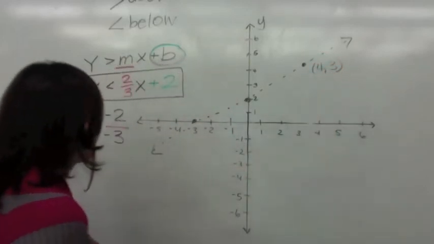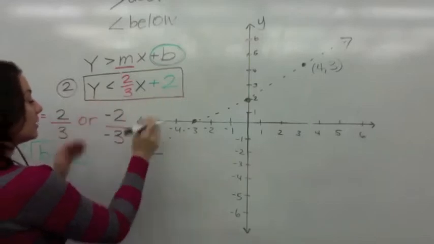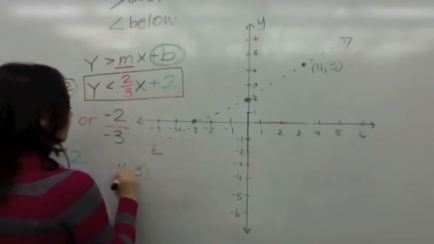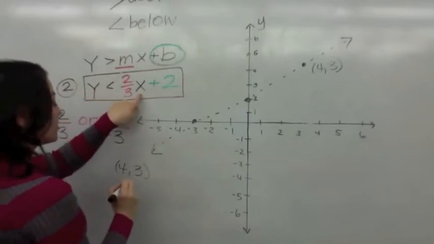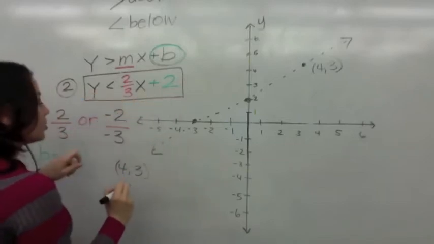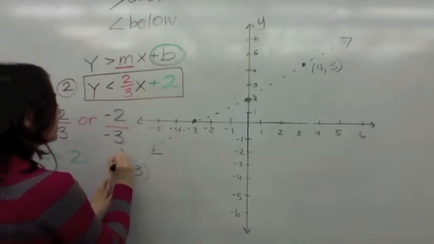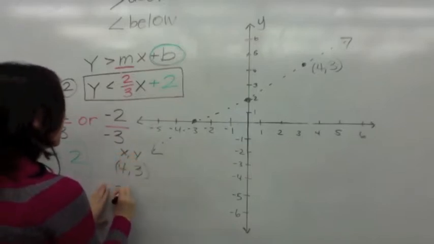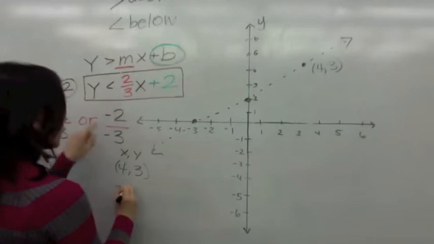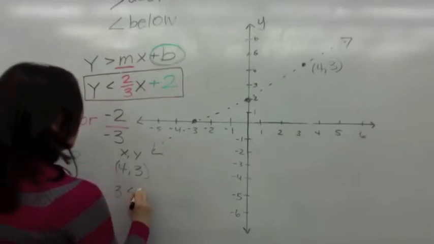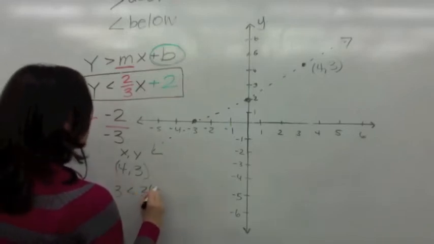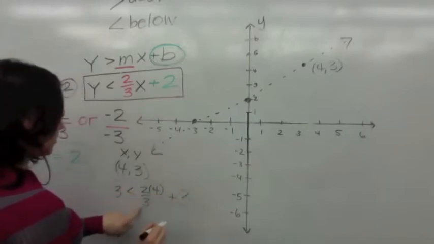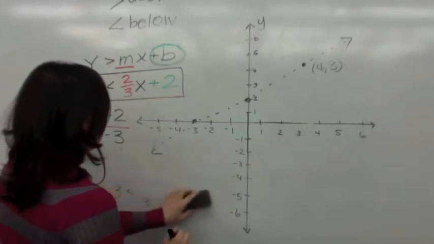Remember, y is less than 2/3 x plus 2. If we plug in a point like (4, 3), we'd have to divide by 3, and I don't want to do that one.